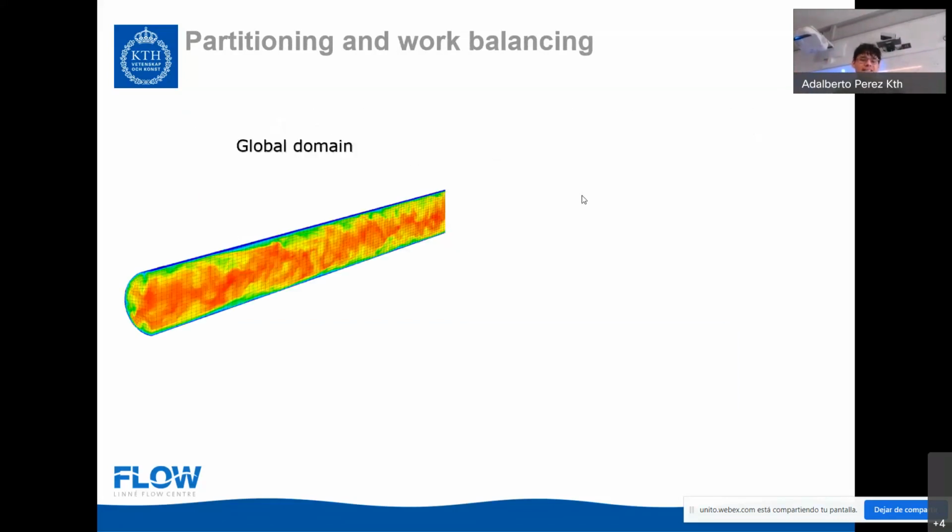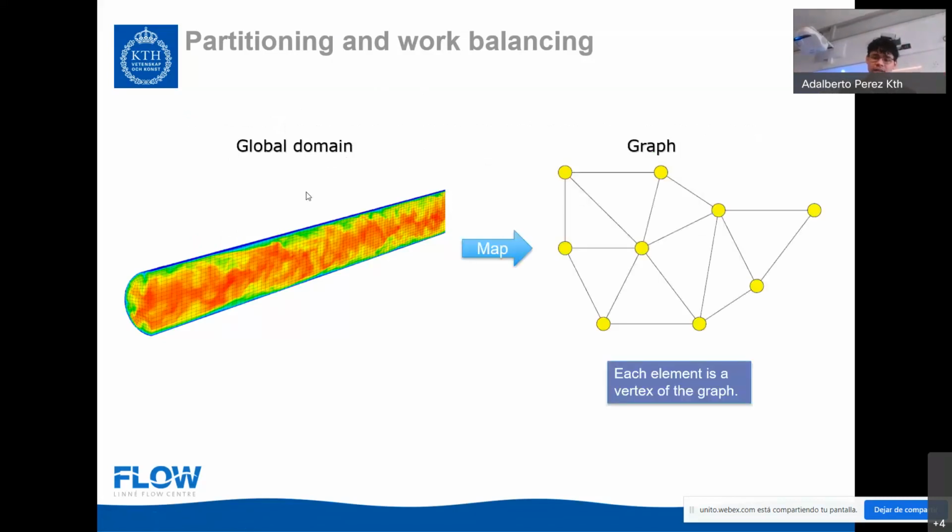There are some libraries in NEK that do this, and as I said, they do it through a graph partitioning problem. So the steps are basically, we first have our global domain that I have shown multiple times now, and then we map it into a graph where each vertex is an element of the discretization, right?